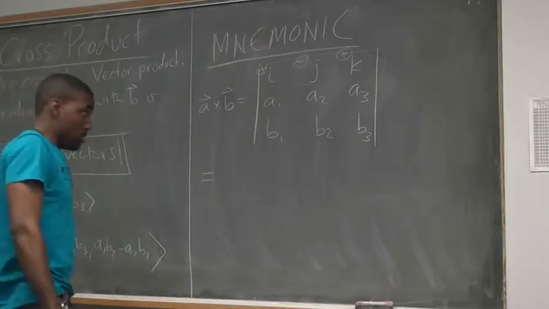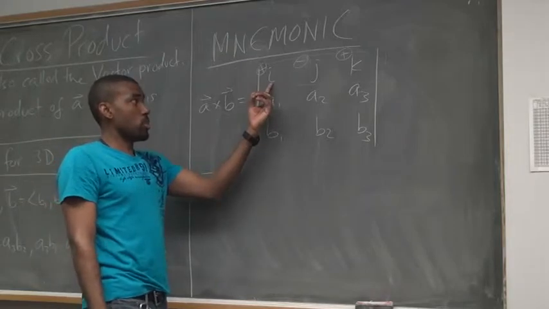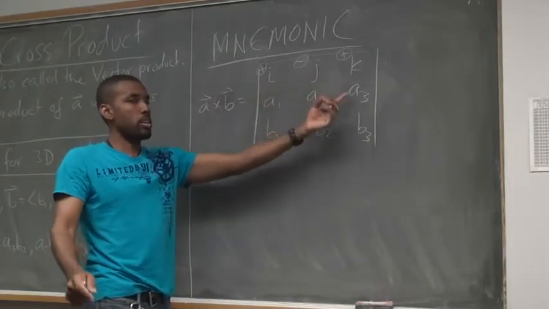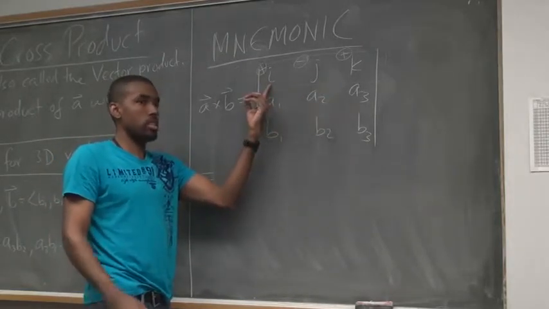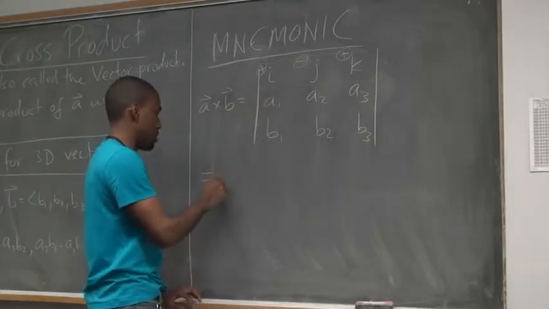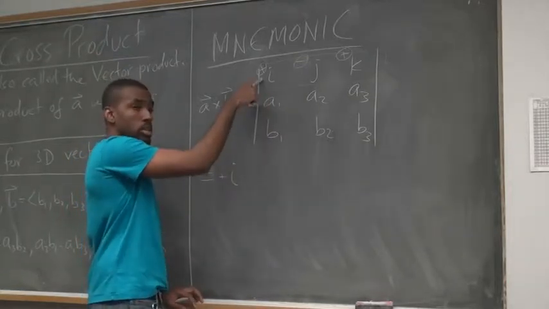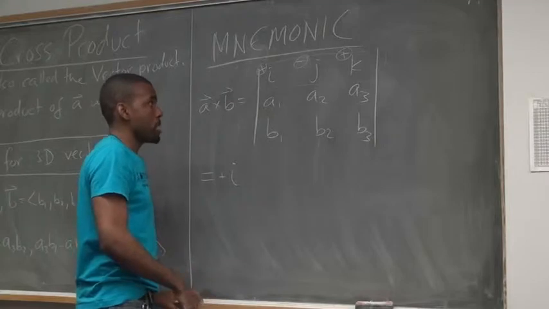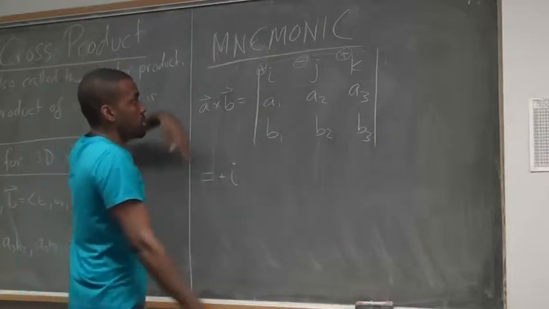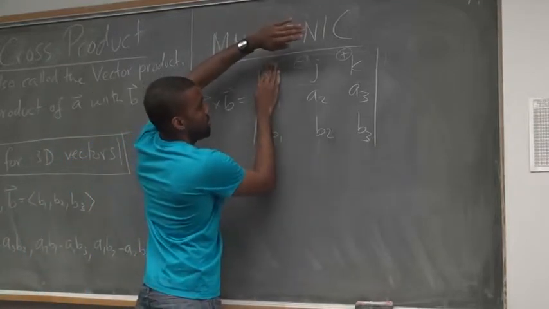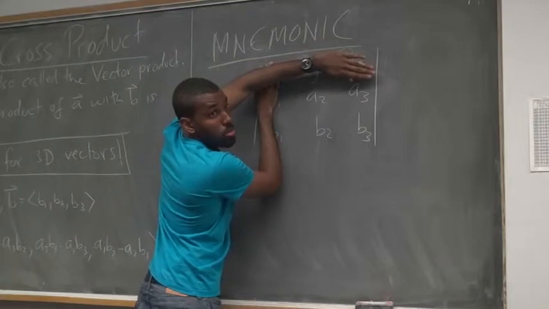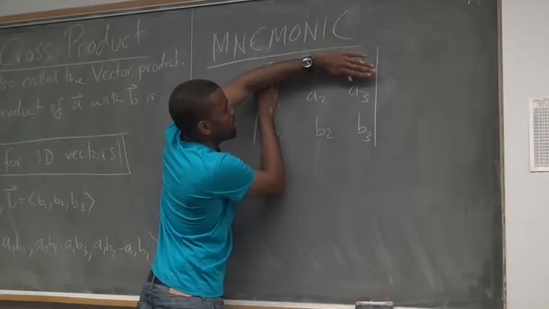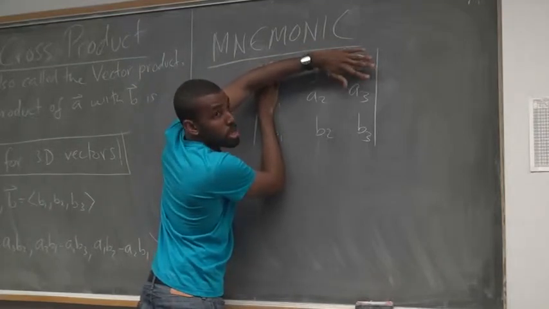Now what you're going to do is take the first row and expand along that row, meaning each element in that row, you're going to write it down first. So there's a plus I, that's where the sign comes from. And you block out everything in the I column and the J column, in its row and column, and you get another matrix, a smaller one.